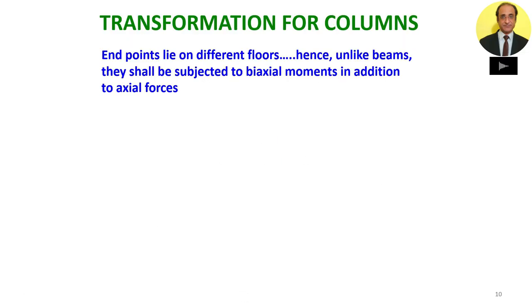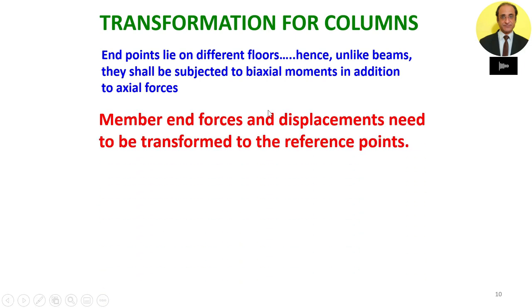Now for the case of the columns, the endpoints of the columns lie on different floors. So the transformation on the columns will not inhibit axial force and any kind of bending moment. The columns will continue to experience biaxial bending moments in addition to axial forces.